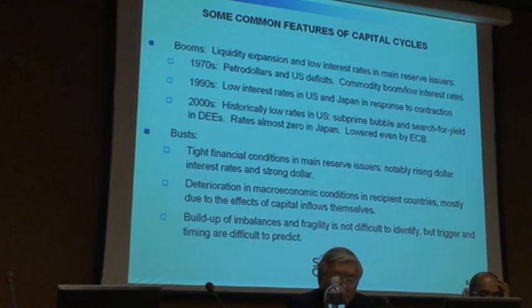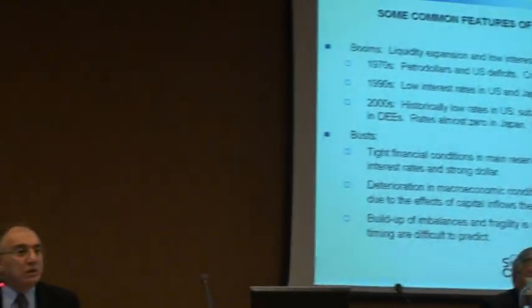In the 90s, again, low interest rates in the US after the deflation in the early 90s, and also in Japan. And again, 2000 saw historically low interest rates in the United States, which gave rise to the subprime bubble, which was a search for yield, given that equity markets were stagnant and interest rates were very low.